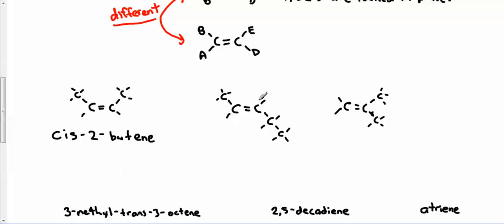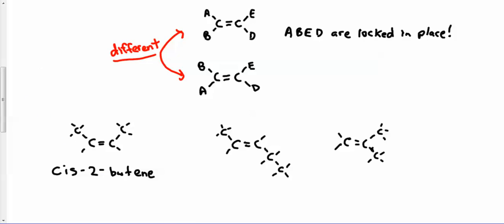Now this example over here. If this is our midline right through the middle here, we can see that the big group on this side is the methyl group, not a hydrogen. And over here, I have a hydrogen and I have an ethyl group, and the bigger one is down here.